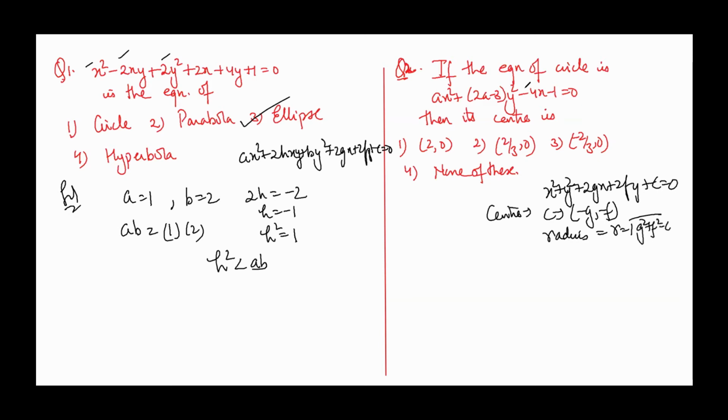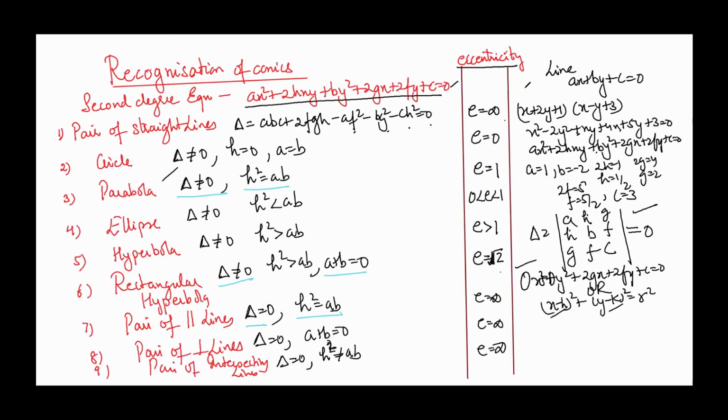But if they have given that this is the equation of a circle, then it must satisfy the necessary and sufficient condition, that is delta is not equal to 0, h is equal to 0, and a should be equal to b.